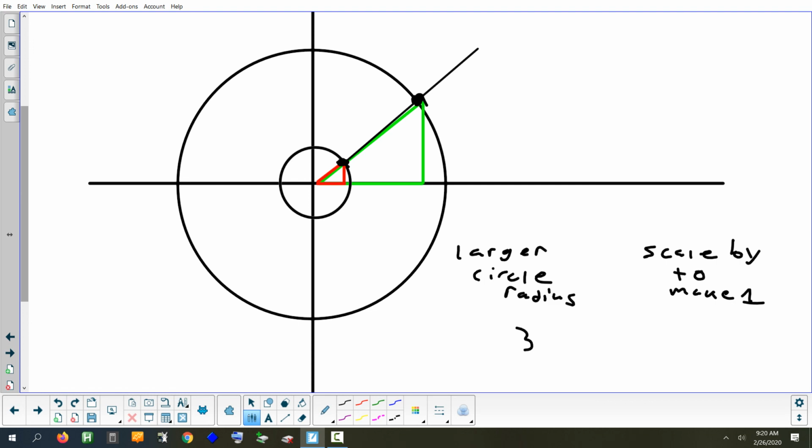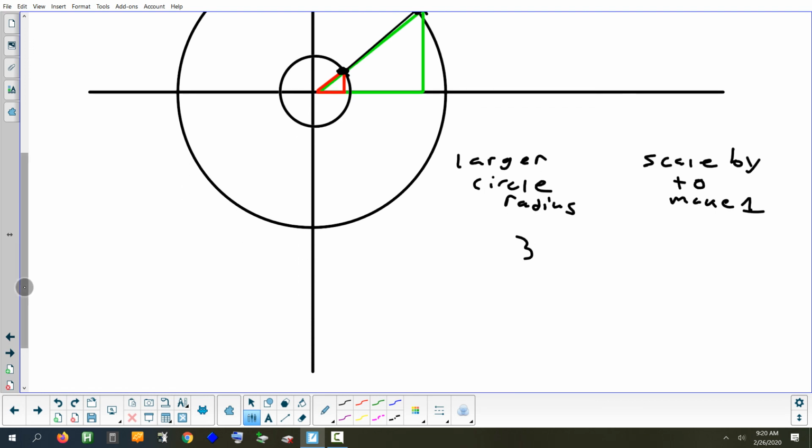So let's say your larger circle had a radius of 3. What would you have to scale that circle by to shrink it back down and make it a unit circle? What is scale by? It's like if you have a scale model of something, like if they say it's a 1/2 scale model of a car, it means everything is half the size of the original.